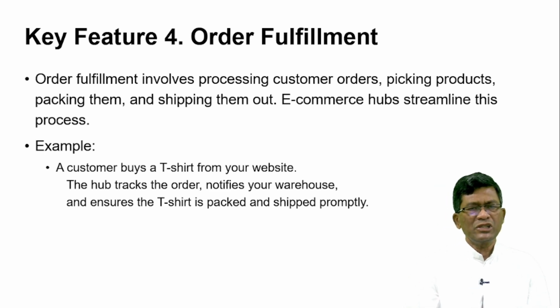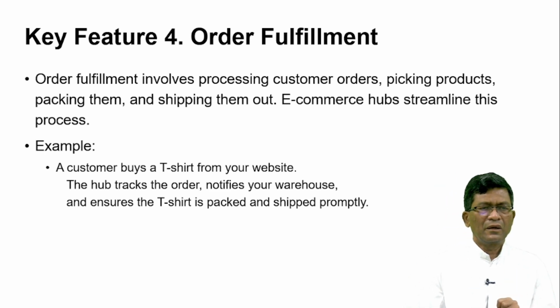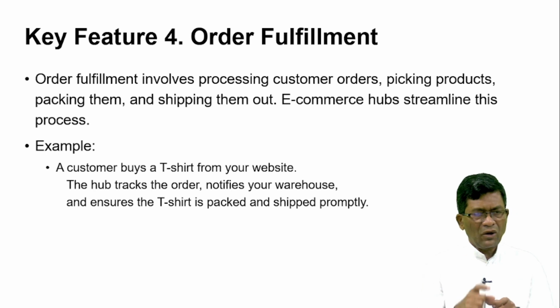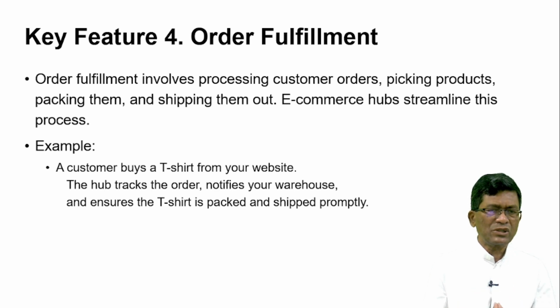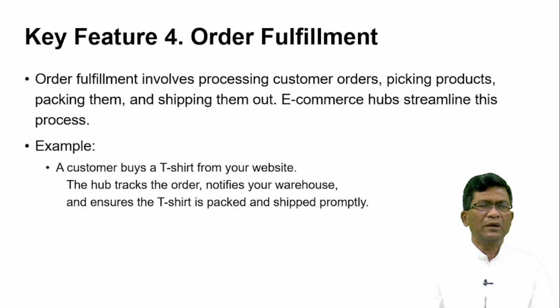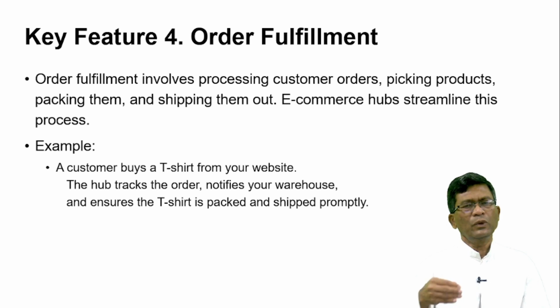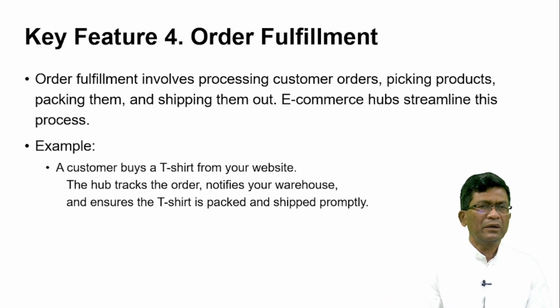Let's say you are buying a t-shirt from a website. The hub will track the order, inform the warehouse, and make sure it is packed and shipped promptly and reaches you. So all this workflow is managed by this aspect of eHub.